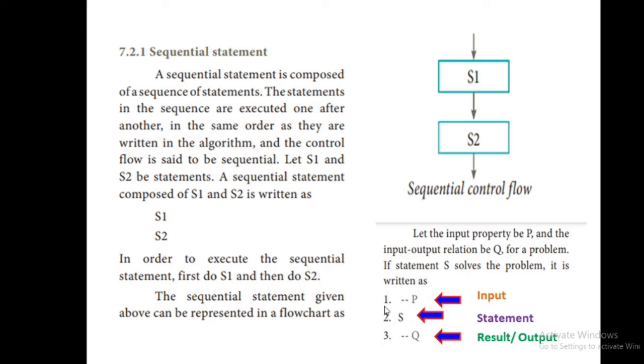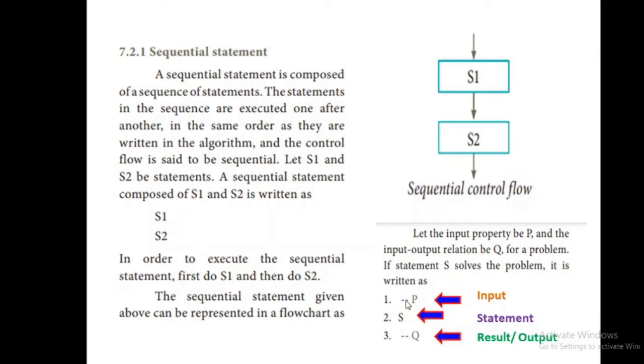So for the sequential statement, here S1 and S2 are given. The two sequential statements are executed one by one, and one by one execution is called sequential. An input signal is given to S1 and S1 is executed. After the execution of S1, the output is connected to statement S2 as input. After the execution of S2 it gives the result signal or output signal.